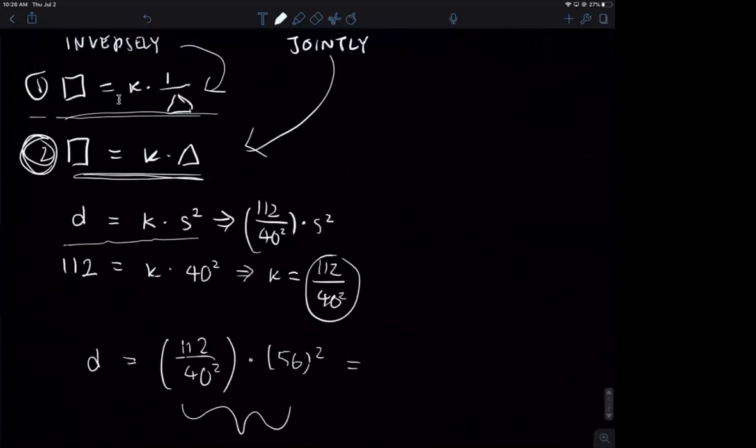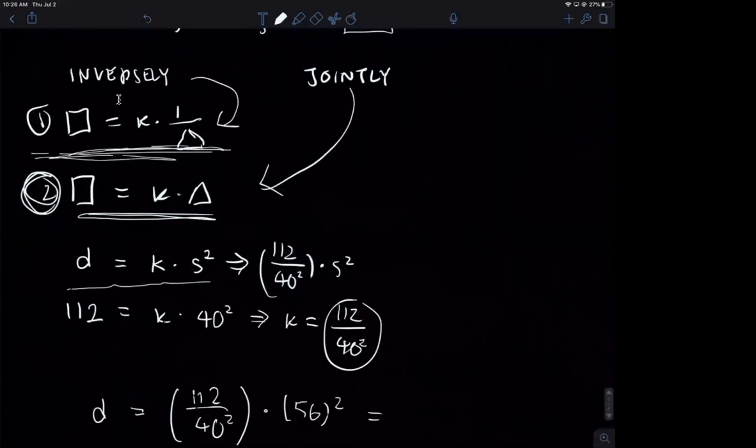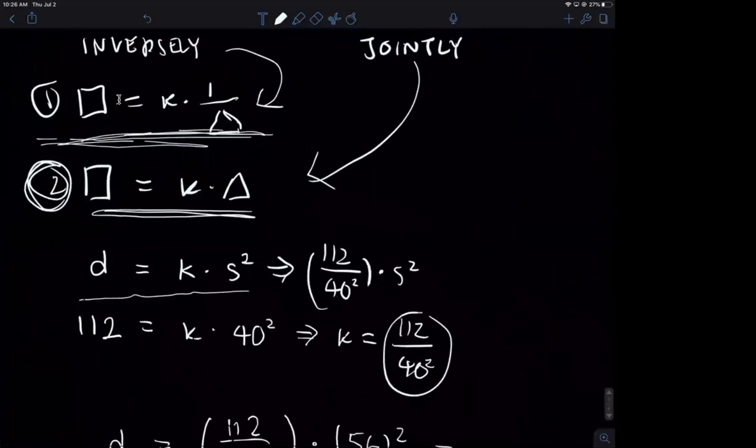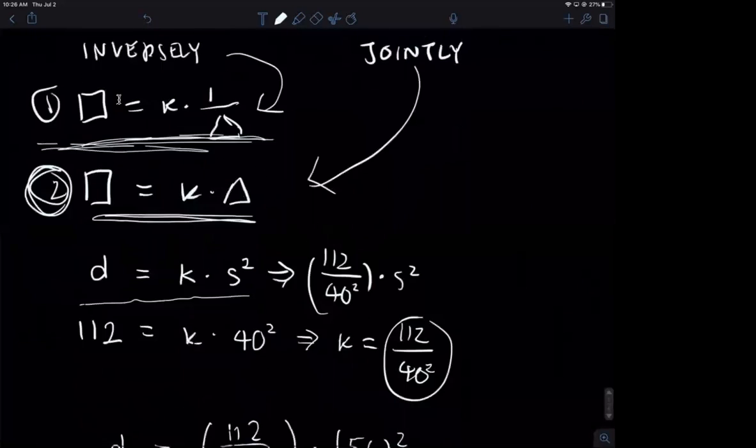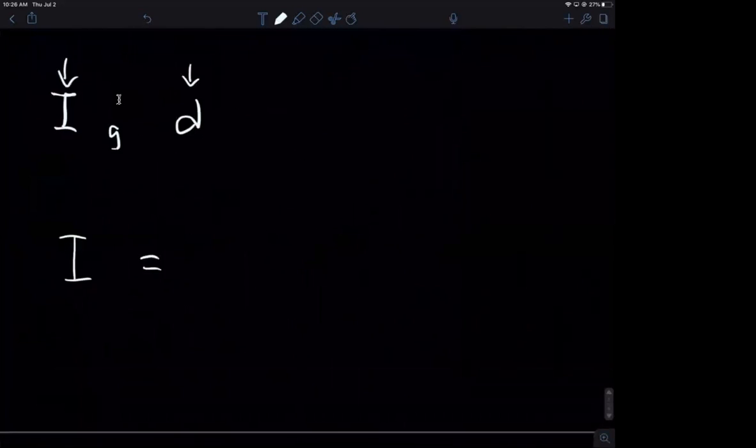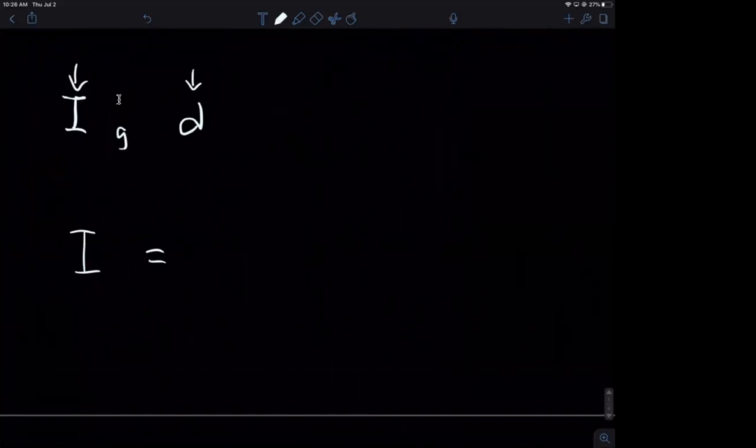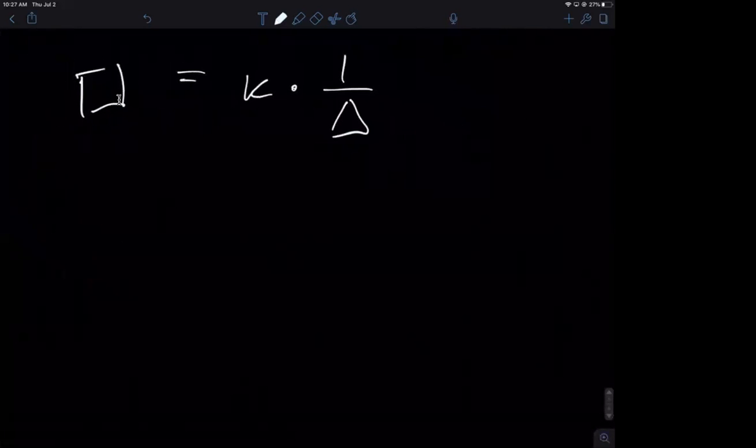So if we wanted to write it like this, form 1 here, what should we do? So what does it mean to vary inversely as the square?